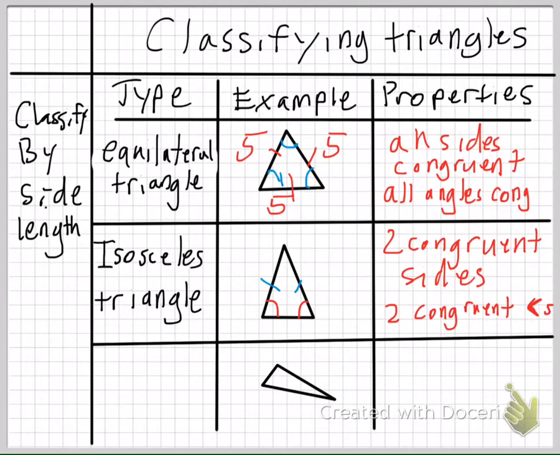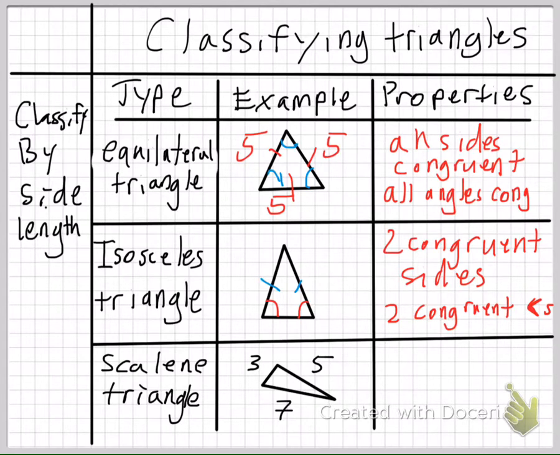All right, finally, we have one more way that we can classify triangles, and I'm sure that you remember this from probably the 8th grade, but this is called a scalene. And in a scalene triangle, no sides are congruent. So I might have something like 3, 5, and 7.